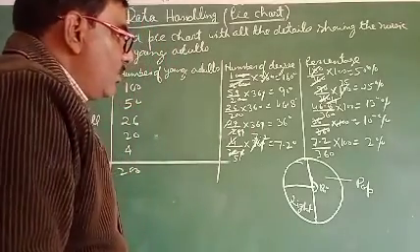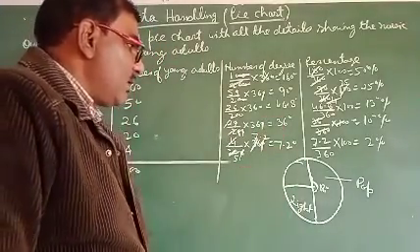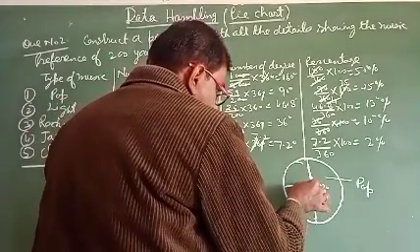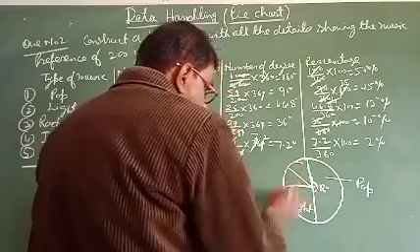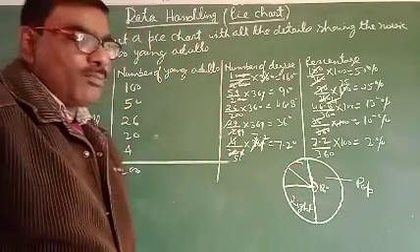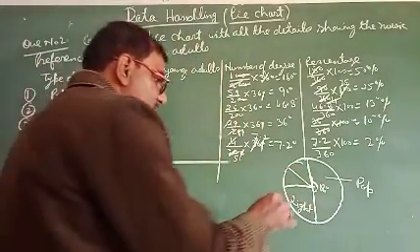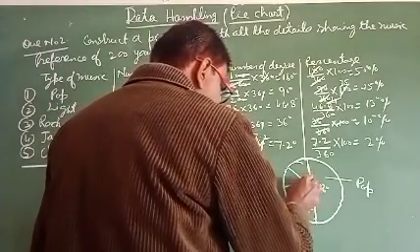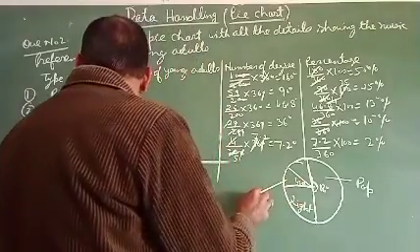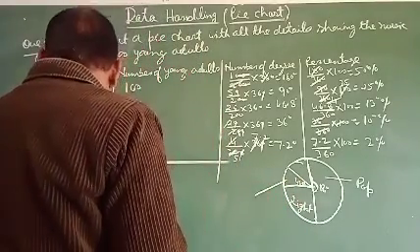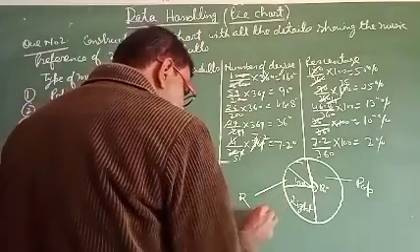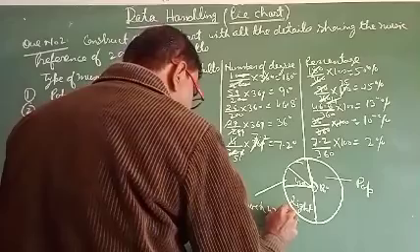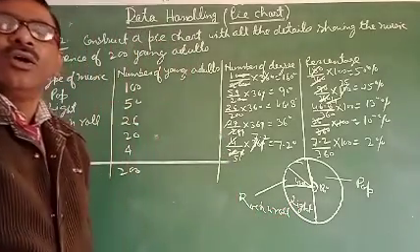After this, we make 46.8 degrees. With the help of a protractor, we make this angle of 46.8 degrees. This sector shows rock and roll.